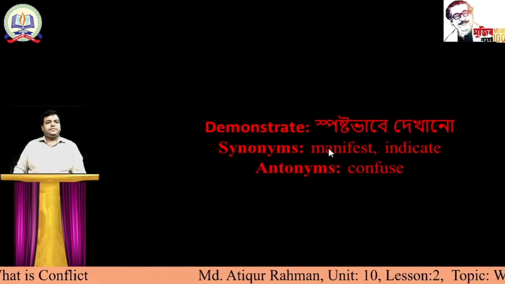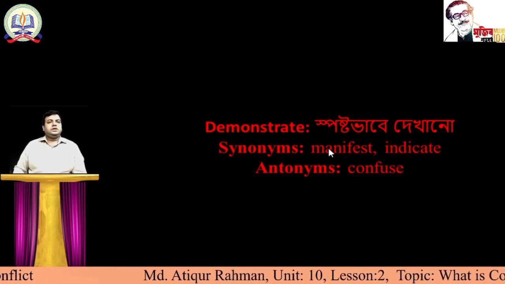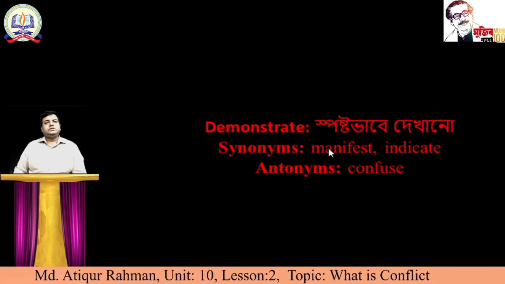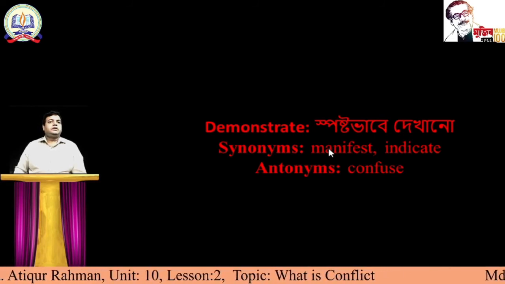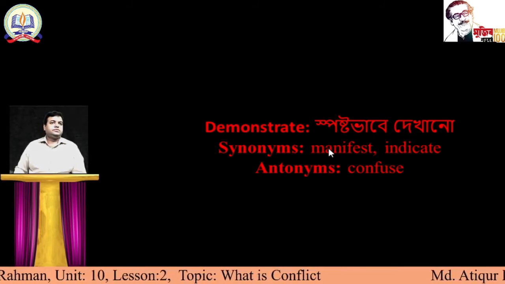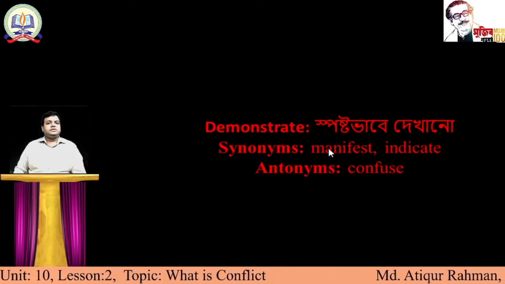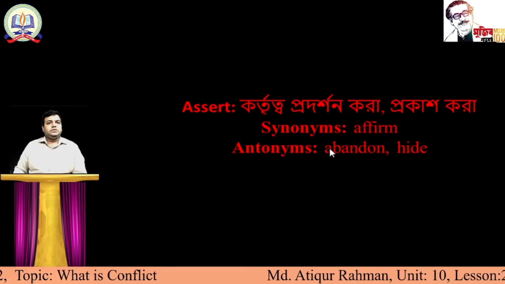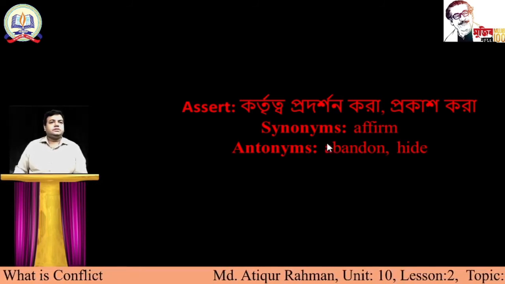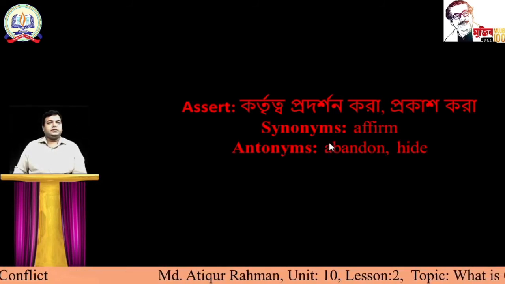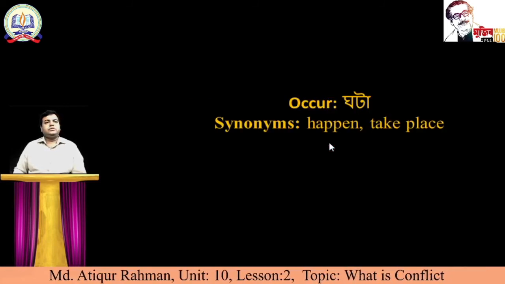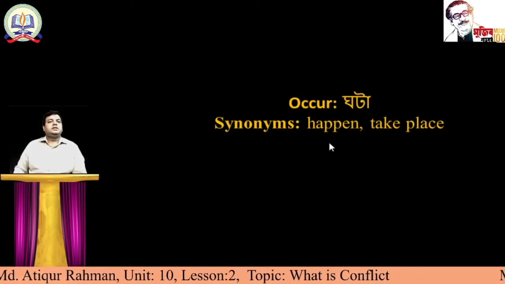Demonstrate, synonym of this word is manifest. Another synonym is indicate. Antonym is confuse. Assert means কর্তৃত্ব প্রদর্শন করা, প্রকাশ করা. Synonym is affirm. Antonym is abandon or hide. Occur means ঘটা. Synonym of this word is happen. That means take place.